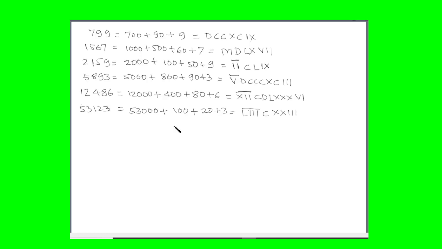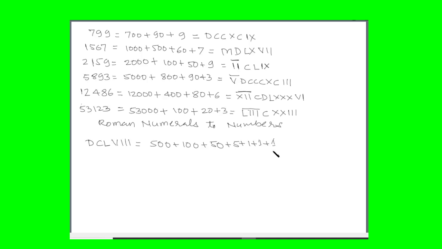DCLVIII. Now let's learn about it. D is 500 plus C is 100 plus L is 50 plus V is 5 plus 1 plus 1 plus 1.